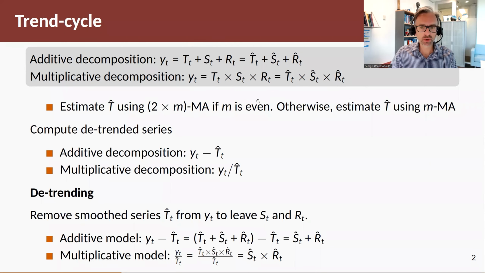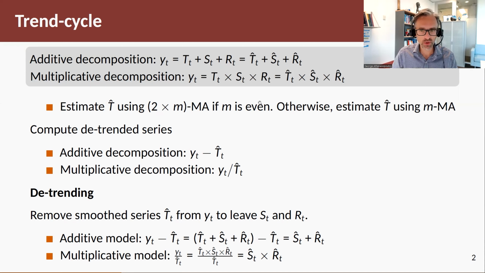What happens with classical decomposition? Well, the first step is to actually use moving averages to get an estimate of the trend cycle component. Now, we start off by saying that if M is even, we're going to use a 2 times M moving average, hence a centered moving average.